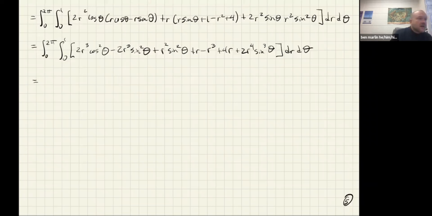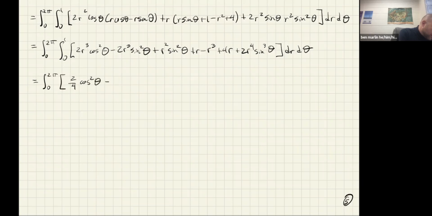All right. So going through here, we're going to use this trick again. When you integrate a polynomial, this r to these various powers, between 0 and 1, you can just take and drop the variable part and divide by the new power. Okay, so that means that this 2r cubed becomes just 2 divided by 4.